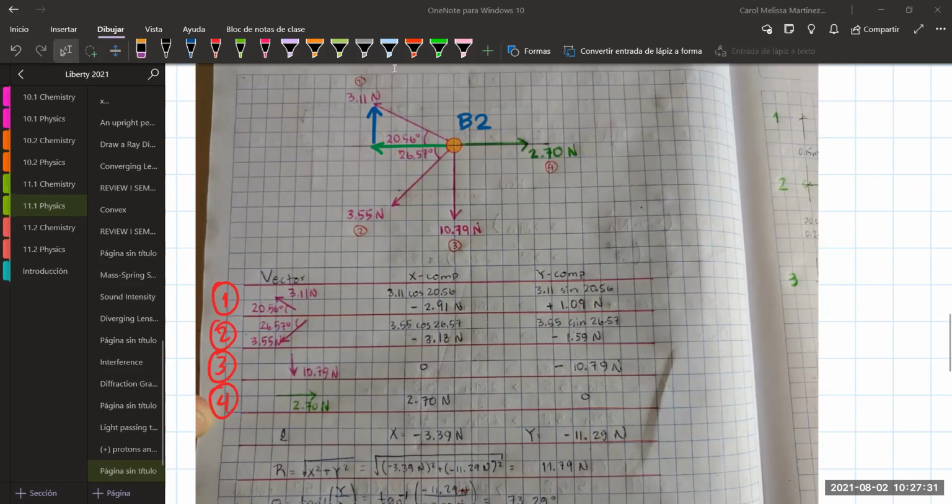Is this vector good for any of you? Can you send it to me in the chat? Is the first vector correct for any of you? Okay, here's the thing, and that's why I'm asking.